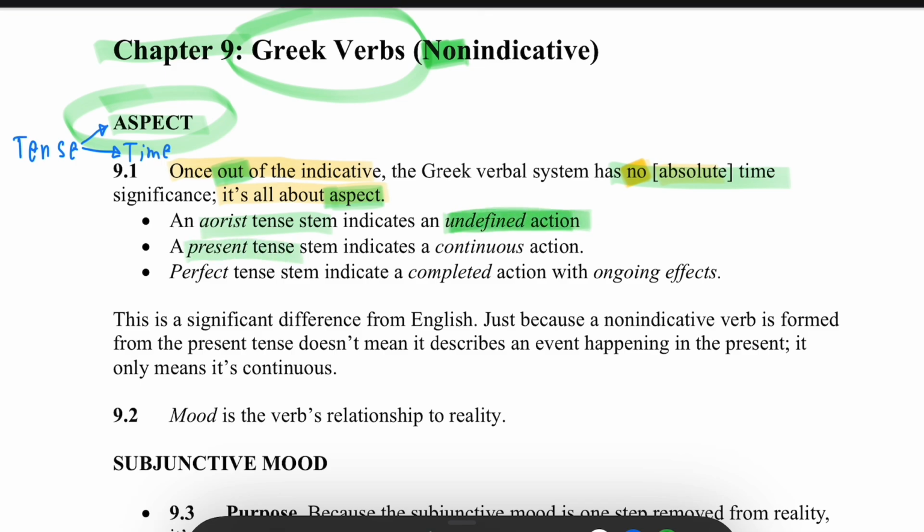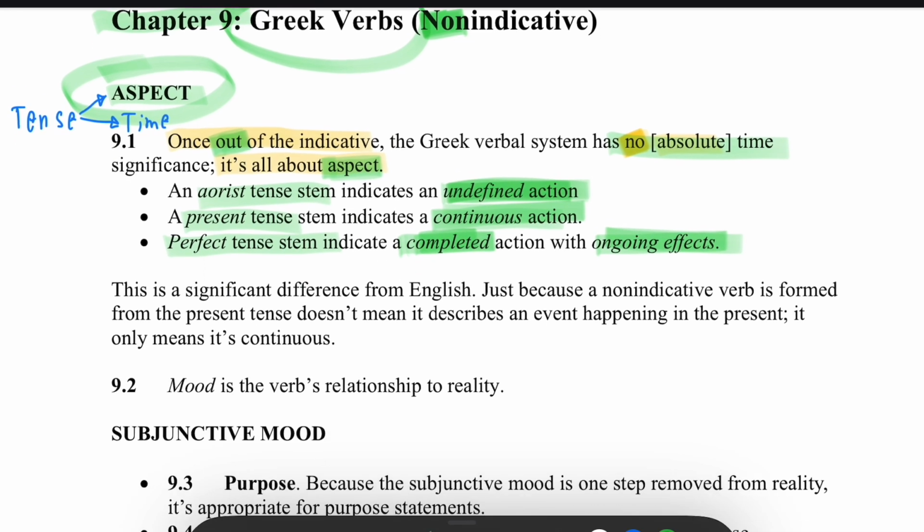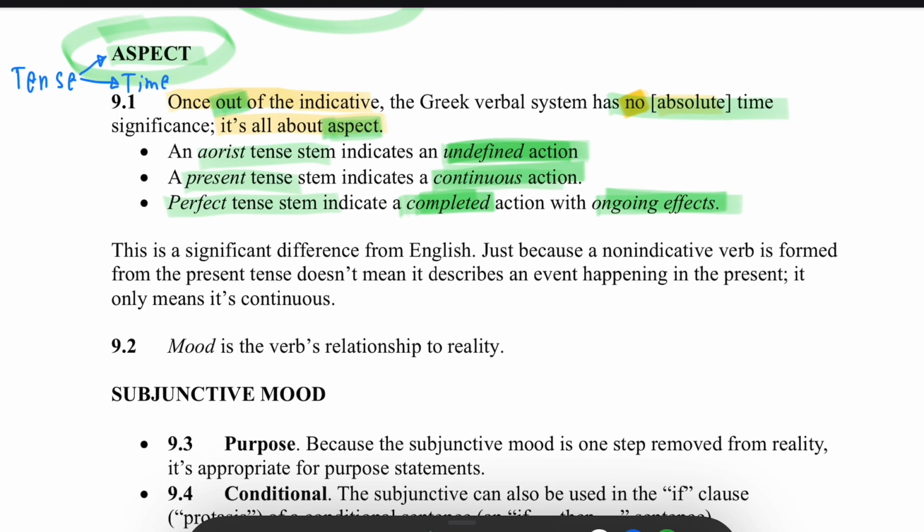The present tense stem indicates a continuous action. The perfect tense stem indicates a completed action with ongoing effects. This is a significant difference from English. Just because a non-indicative verb is formed from the present tense doesn't mean it describes an event happening in the present. It only means it's continuous.